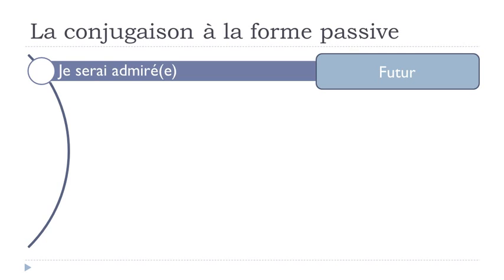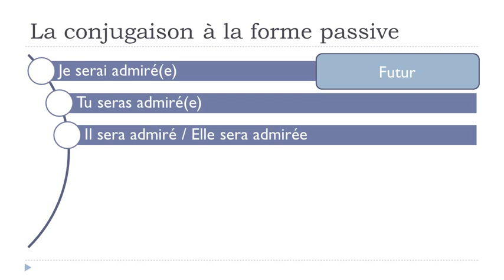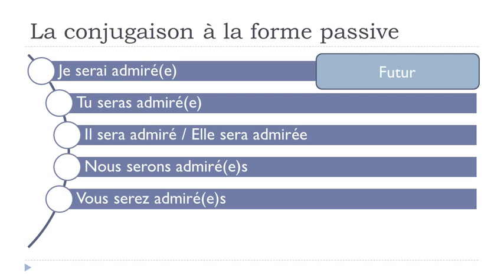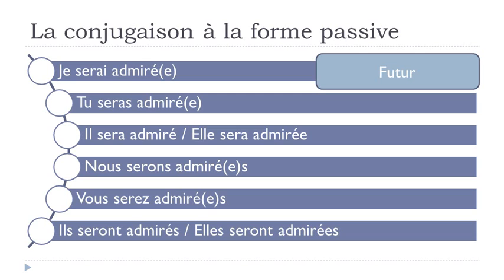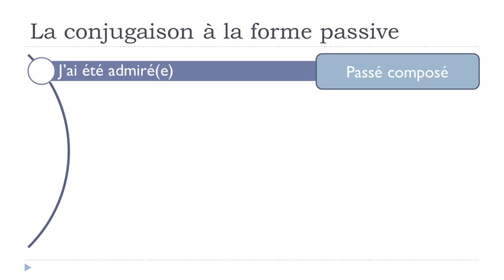Je serai admiré, tu seras admiré, il sera admiré, elle sera admirée, nous serons admirés, vous serez admirés, ils seront admirés, elles seront admirées. All right? So if we want to make this structure at the passé composé form, so j'ai été admiré.